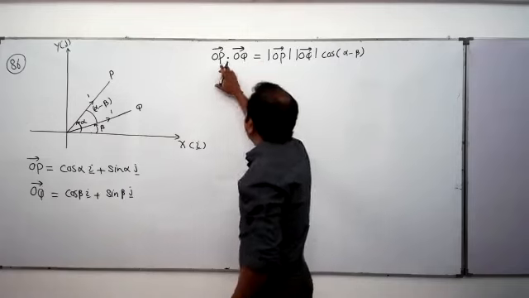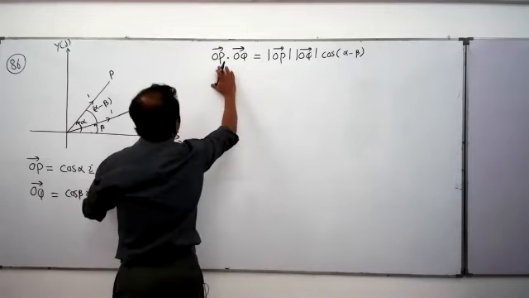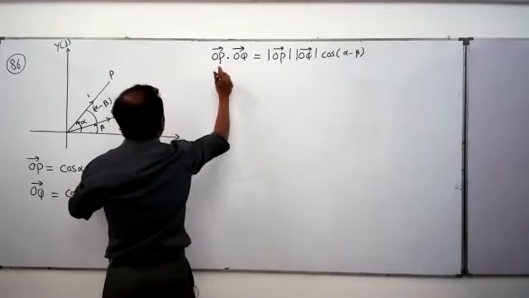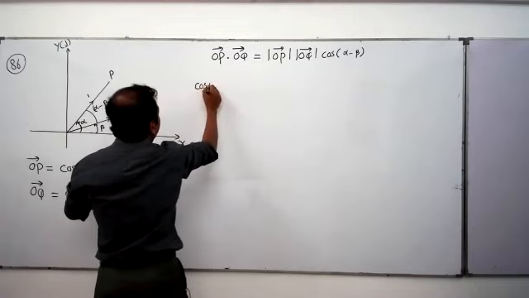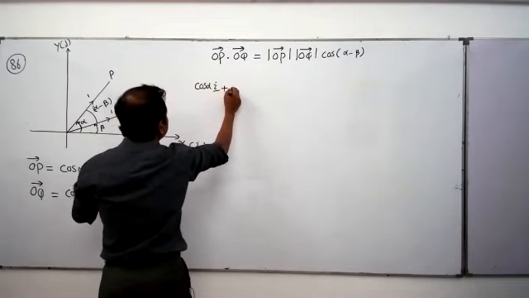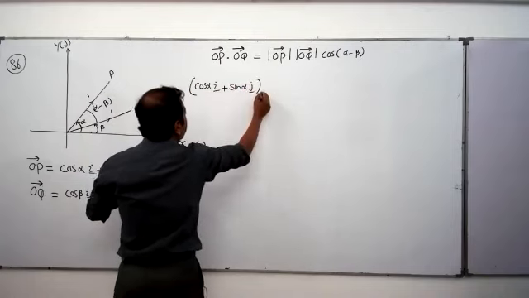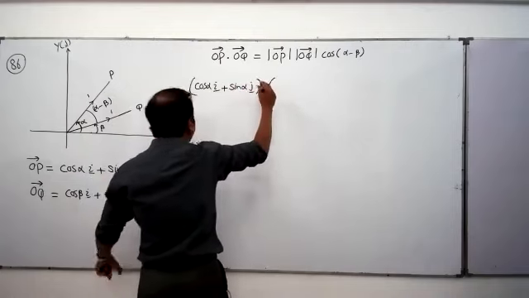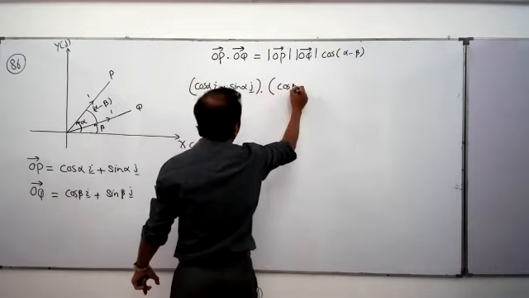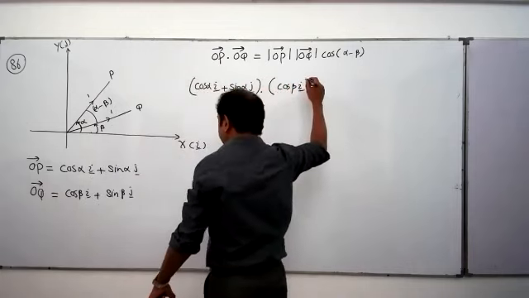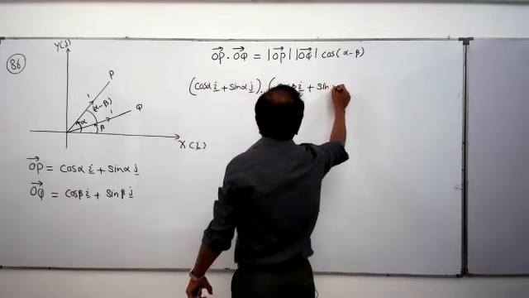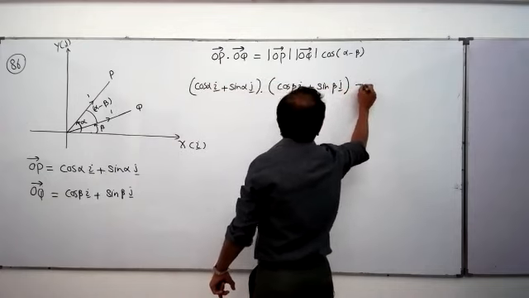Okay. We substitute for OP and OQ. Now OP vector is what, people? Cos alpha i plus sin alpha j, dot OQ vector, which is cos beta i plus sin beta j. Right.